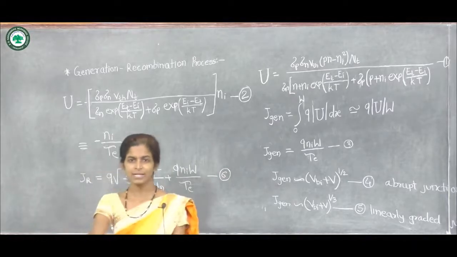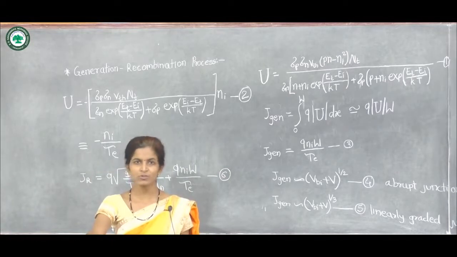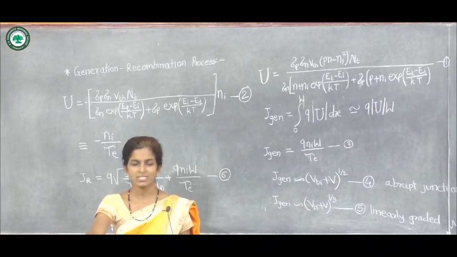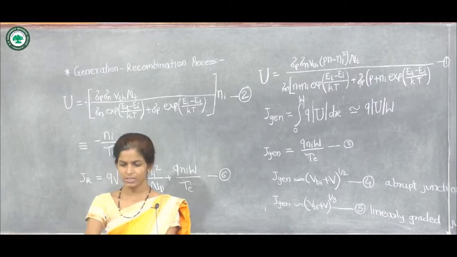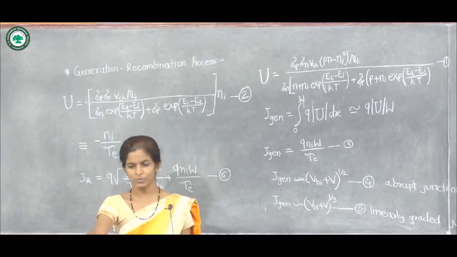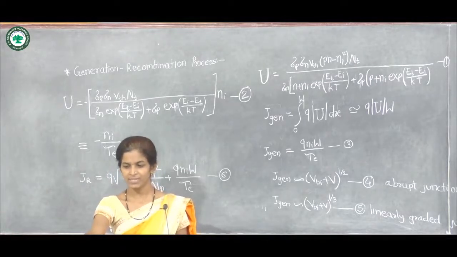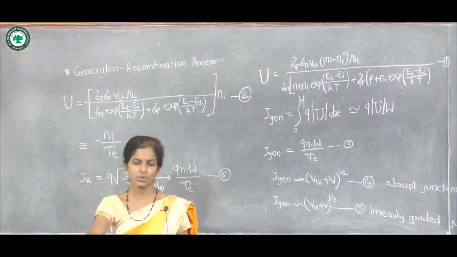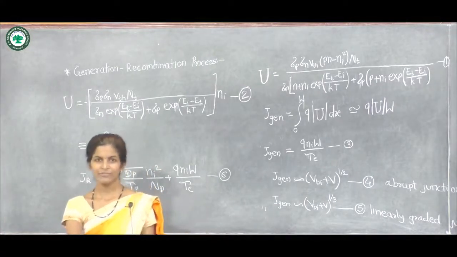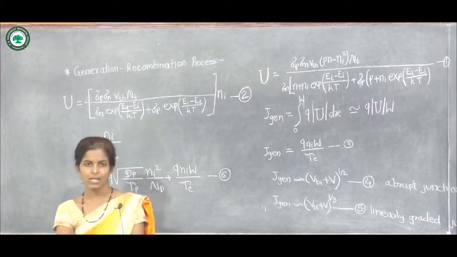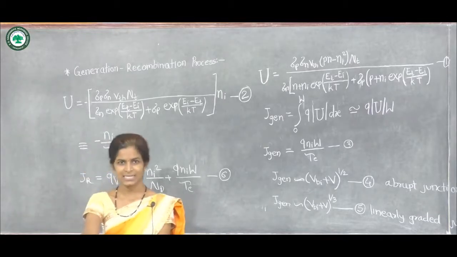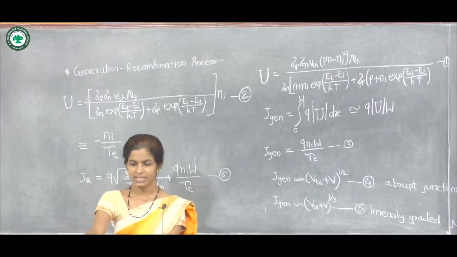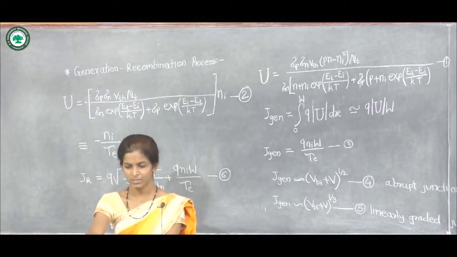For semiconductors with large values of Ni, such as germanium, the diffusion component will dominate at room temperature and the reverse current will follow the Shockley equation. But if Ni is small, such as for a semiconductor like silicon, the generation current may dominate.